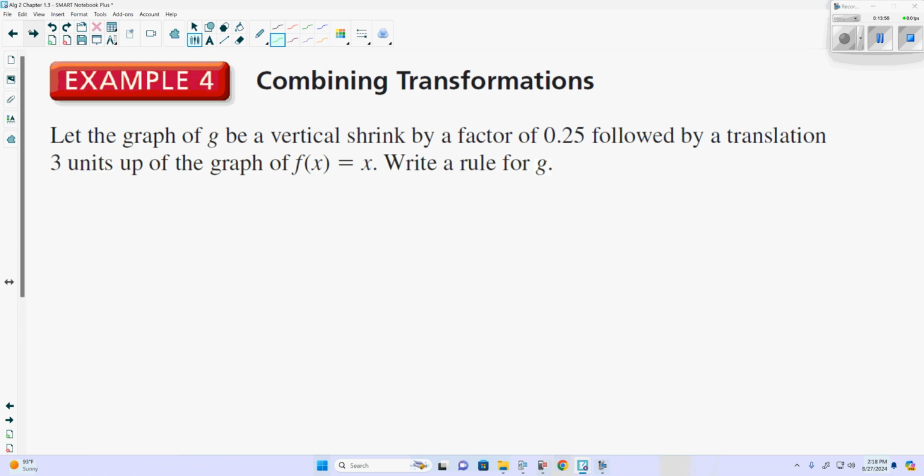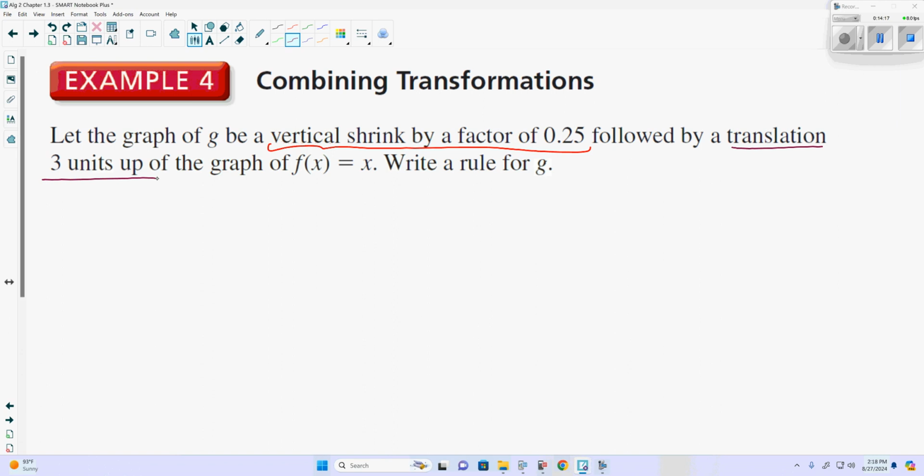So the first one we have is a vertical shrink of 0.25, followed by a translation 3 units up. So we have 2 of them. Now it is possible to do them all at once, but again, it's easier to do these one at a time.